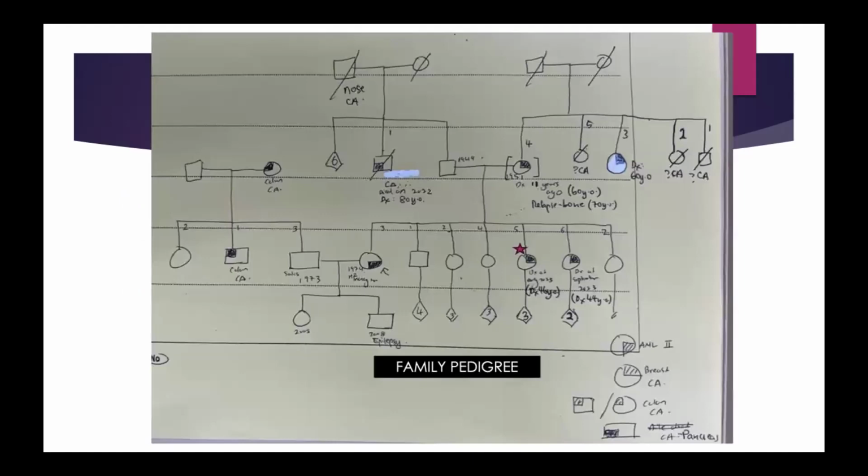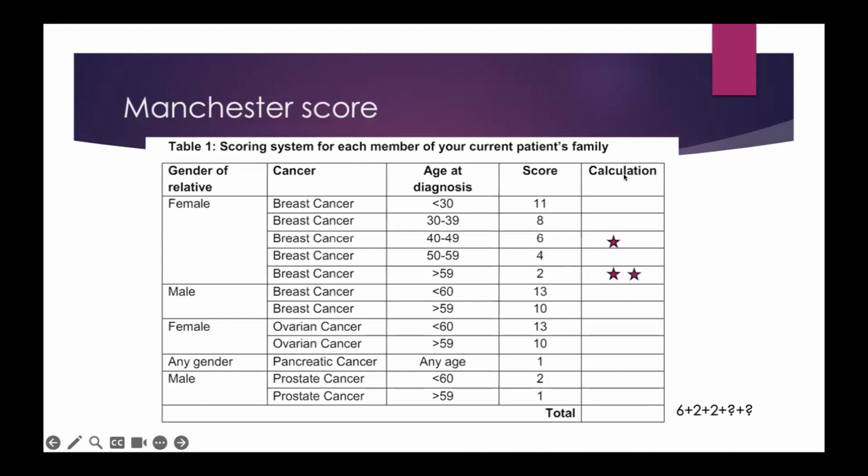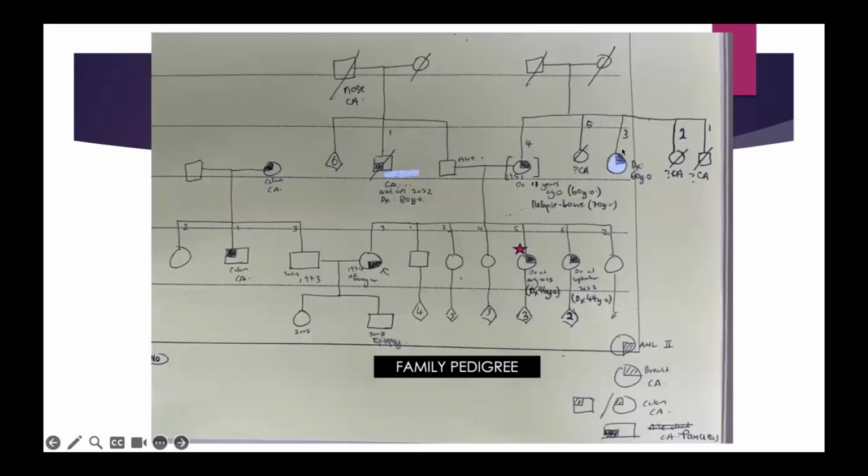So this is the family pedigree of the patient. On the right-hand side is the maternal history. As you can see, the mother was diagnosed with breast cancer. The sister of the mother, the maternal aunt, was also diagnosed with breast cancer at the age of 60.